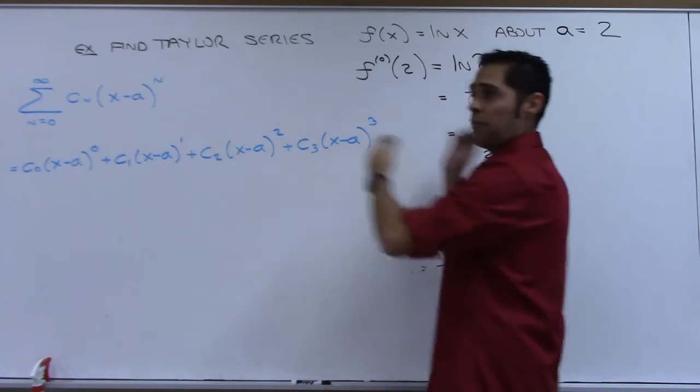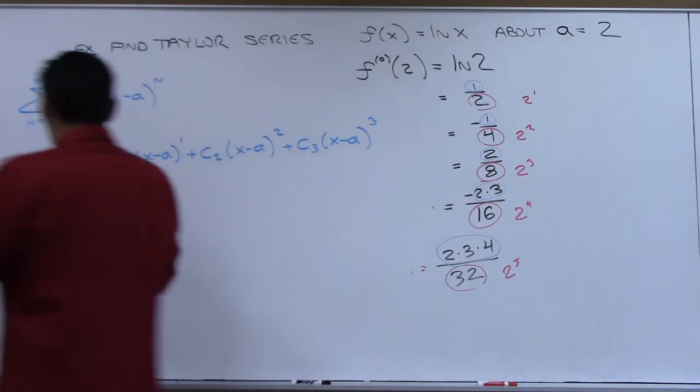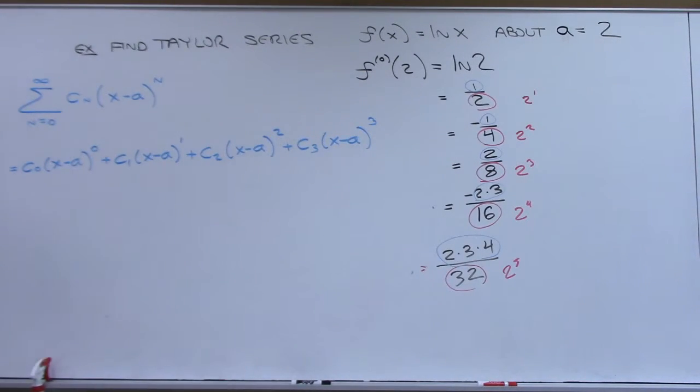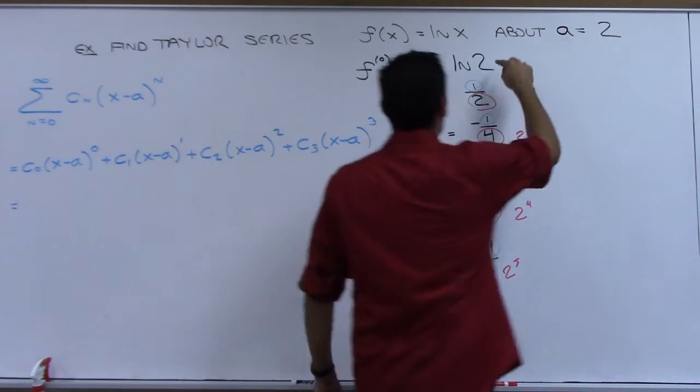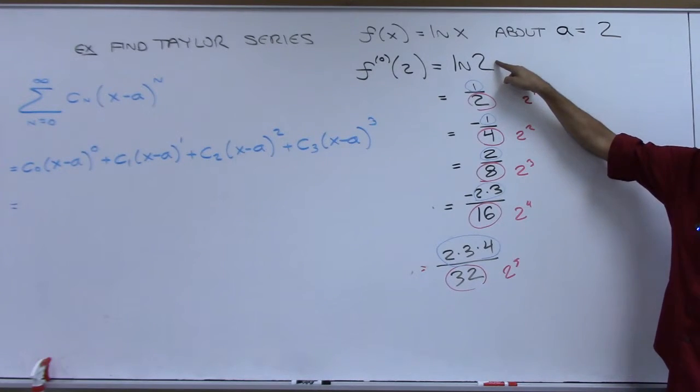That's just the general formula. And what I'm going to do now is come in and just replace all these pieces with what I have. What is c sub 0? It's natural log 2, right? Divided by what? Don't forget, look.